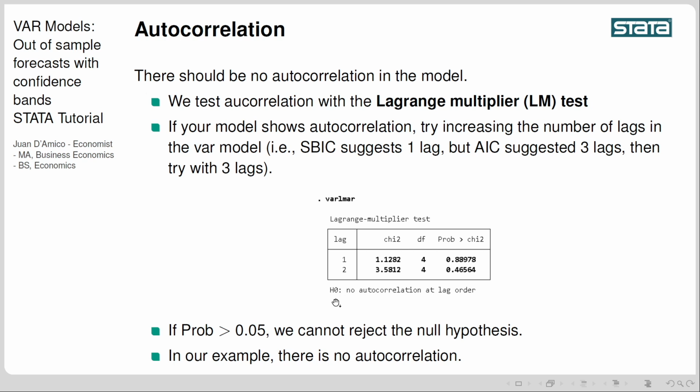The null hypothesis is that there is no autocorrelation at the lag. So for example, if the probability is bigger than 0.05, we cannot reject the null hypothesis. With one lag, we see that there is no autocorrelation, and at the second order, there is no autocorrelation either because the p-value is bigger than 0.05. So we conclude that in our example, there is no autocorrelation.